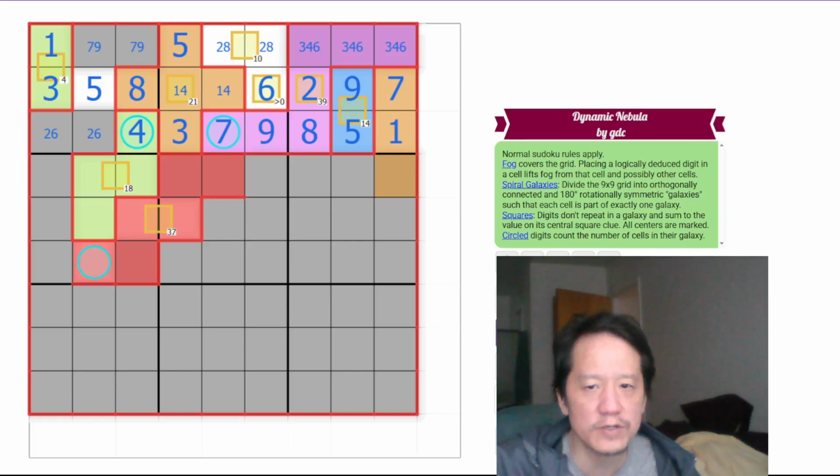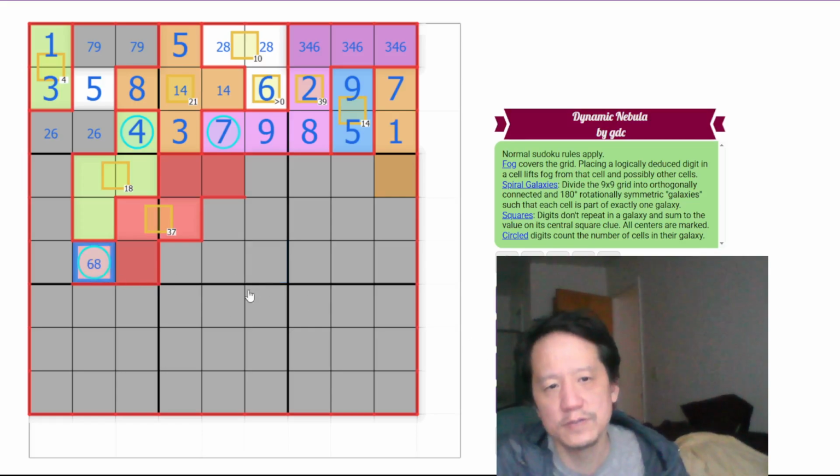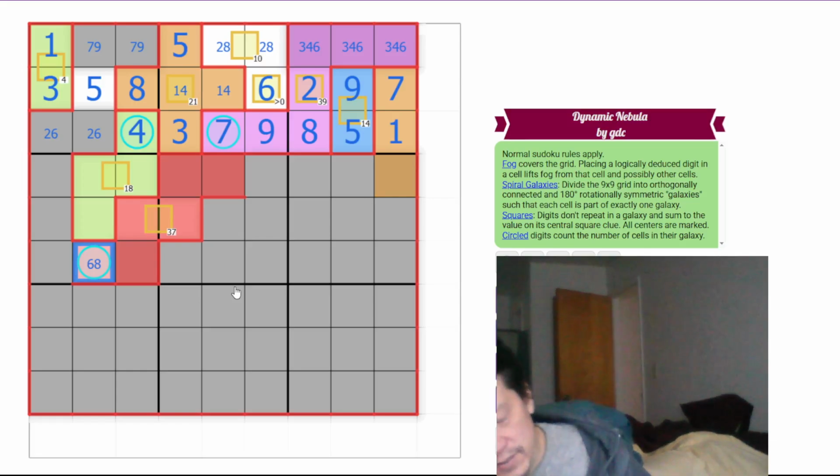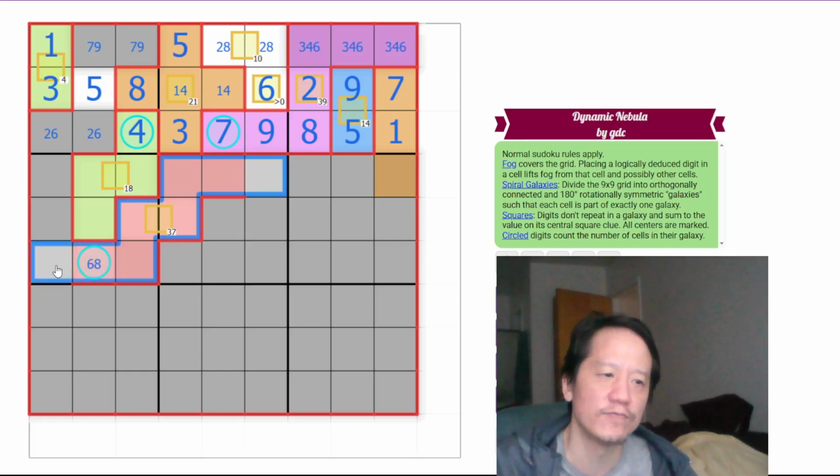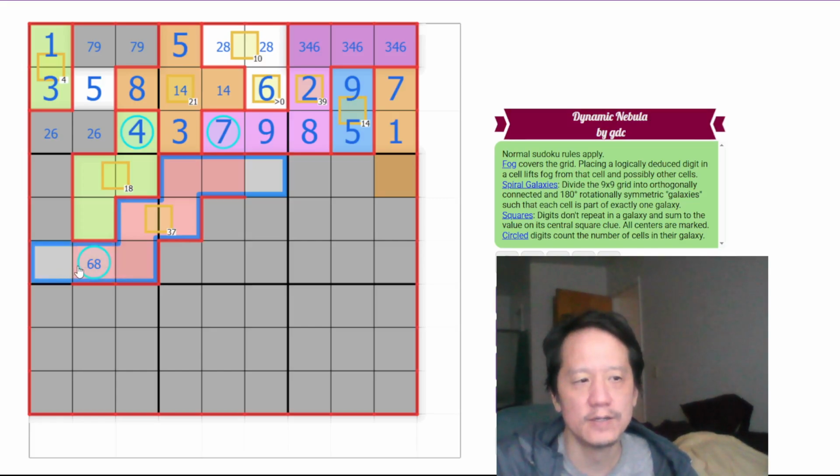This is a boundary. So this is 6 or 8. If it's 8 cells in there, that means we have 1 digit remaining out of 1 through 9, which must not be in this region.